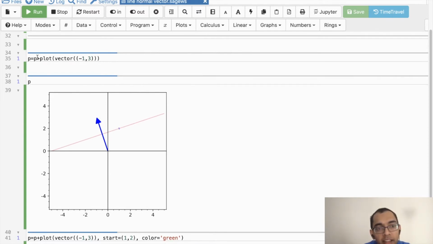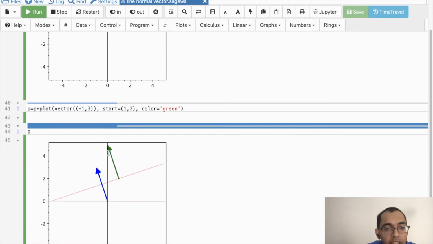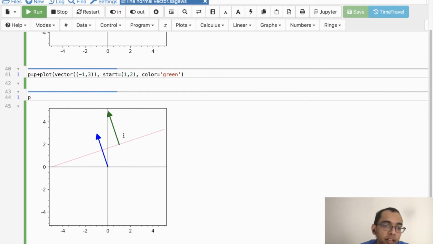If I do p plus the plot of this vector, when you plot the plain vector, it starts at the origin. If we want it to start at the point p, which is a little nicer, enter this command: start equals the original point, (1, 2), and so now we have this plot here.